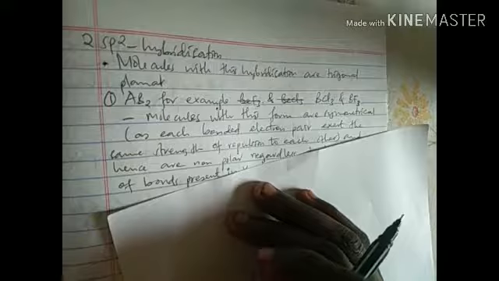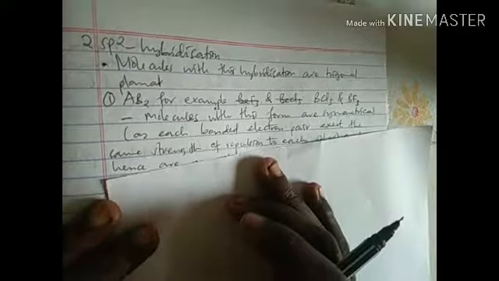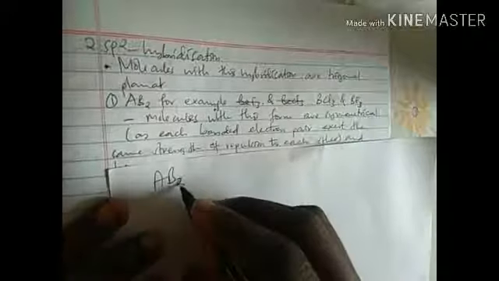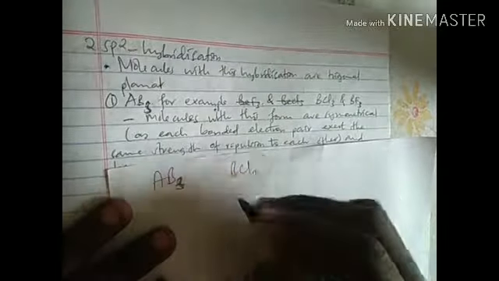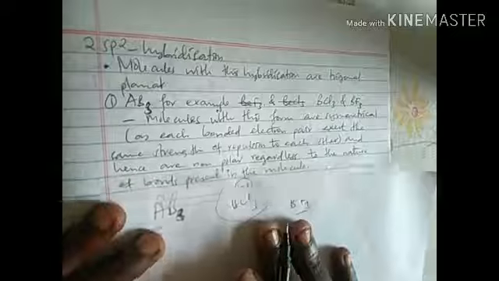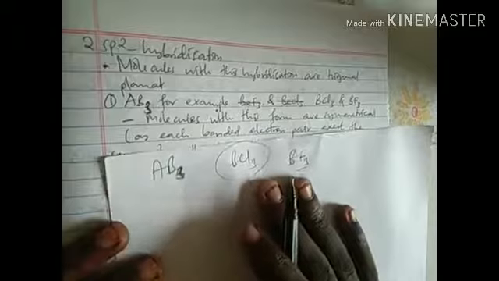But now let's see other molecules of sp2 and other types of hybridization. For sp2 hybridization, we are again using the same letters. So if you have AB3, for example boron fluoride, and you have no lone pair, the shape of the molecule is trigonal planar.